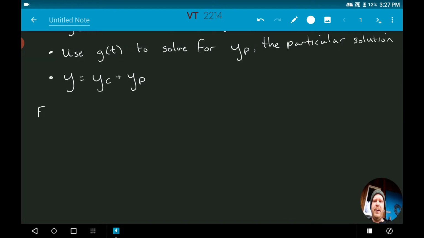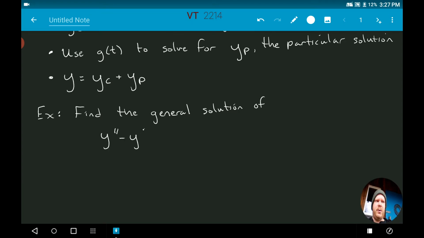So let's say, find the general solution of y double prime minus y prime minus 2y is equal to 8e to the 3t.